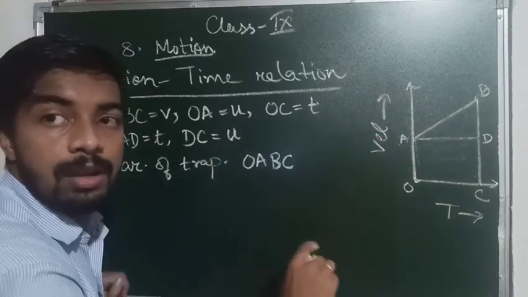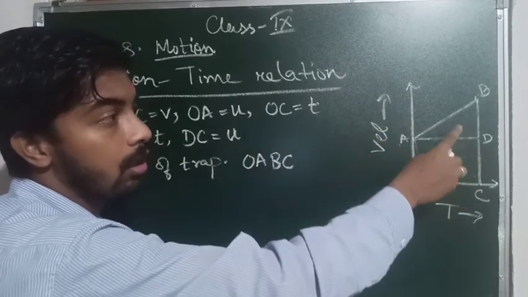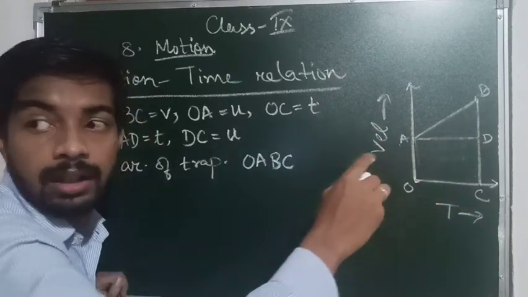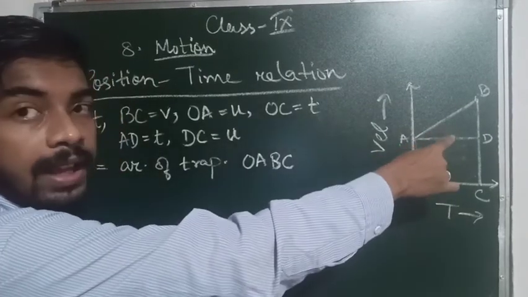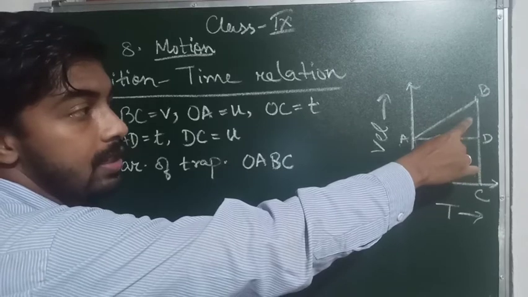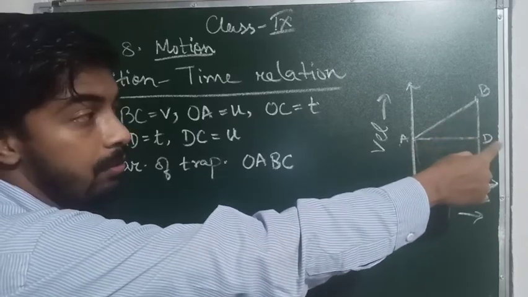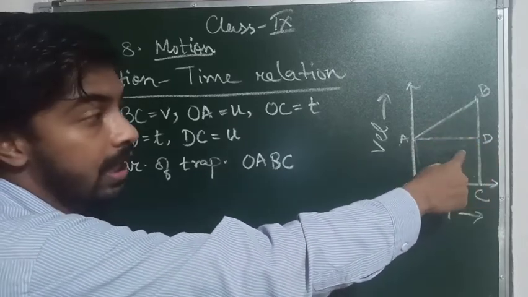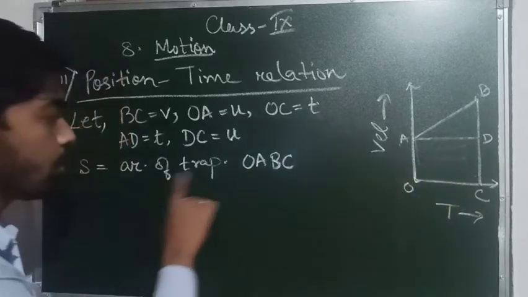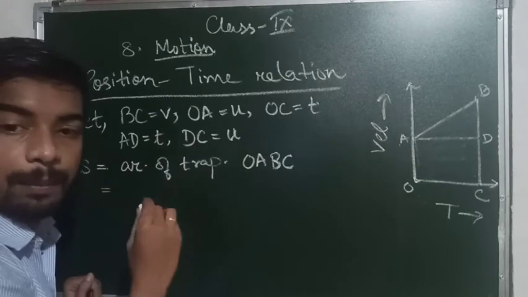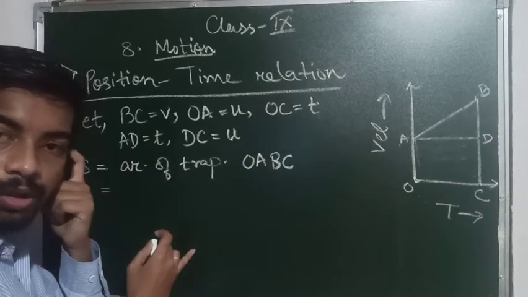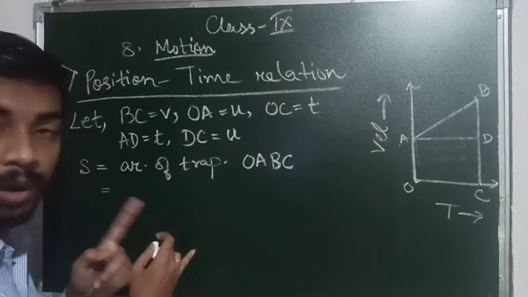Now this trapezium has been divided into two parts. One is a triangle, one is a rectangle. So we can find the area by finding the area of this triangle and summing it up with the area of this rectangle.